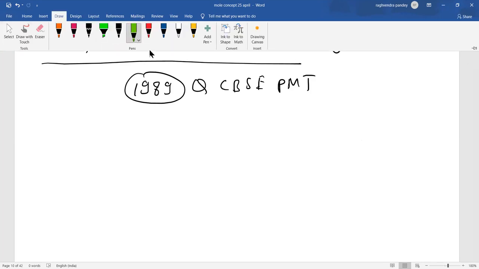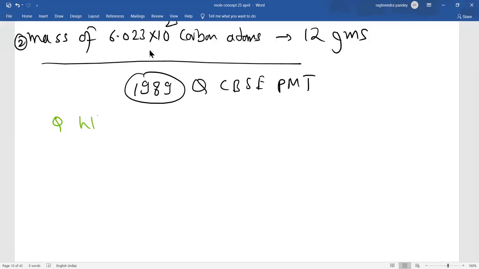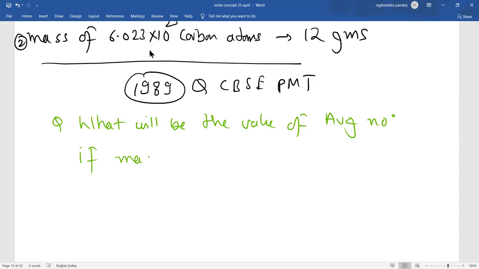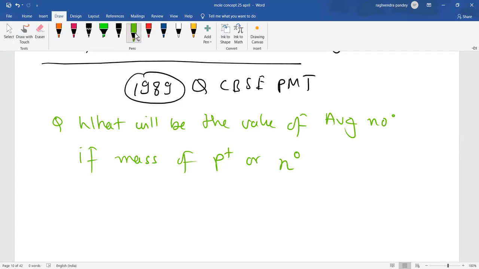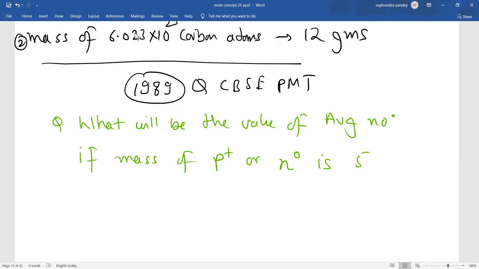So the question is, what will be the value of Avogadro number if the mass of a proton or neutron is 5 into 10 to the power minus 2 grams?